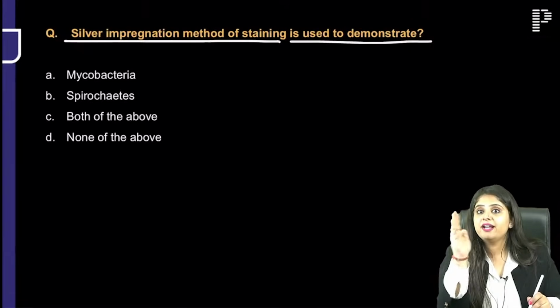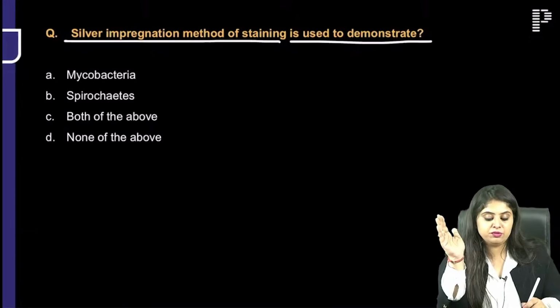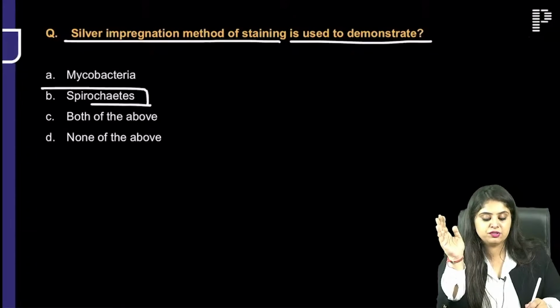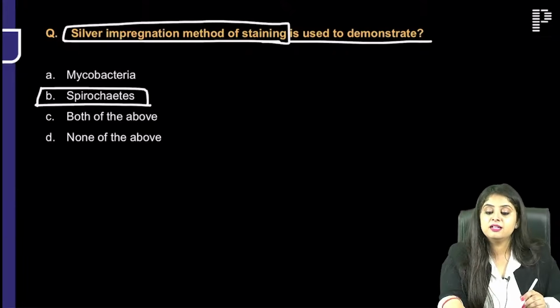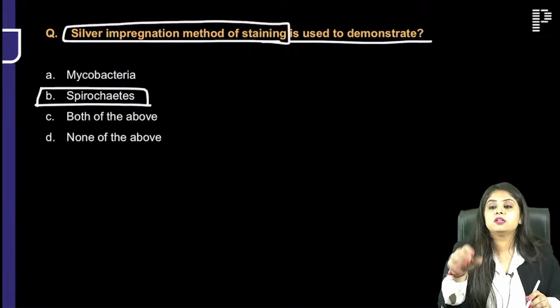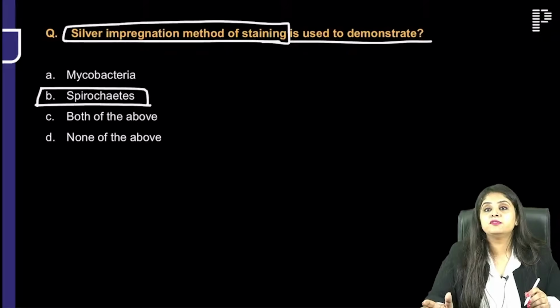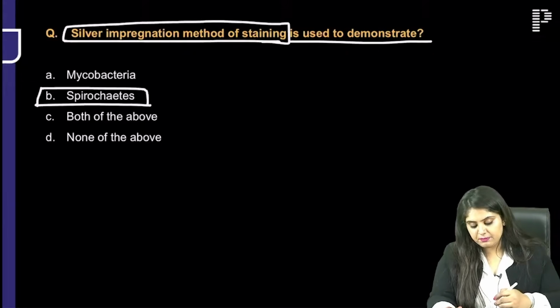But what you've read, stick to that. Don't get confused. We have read thin structures, spirochetes, that is what you are going to use it for. So silver impregnation method, very good. I'm happy that my students have not got confused with all of the above or some of the above. We have gone ahead with exactly what we read. Perfectly done, guys.